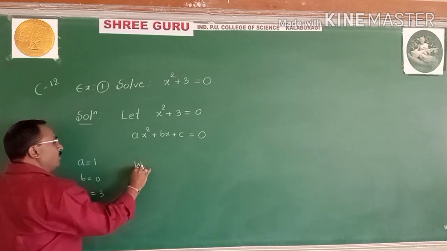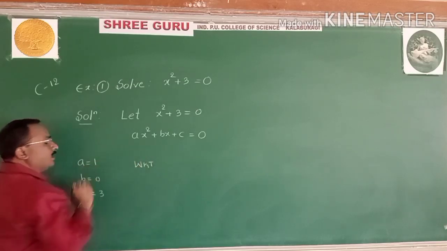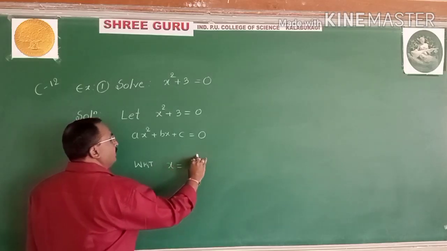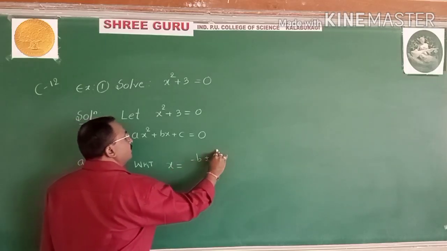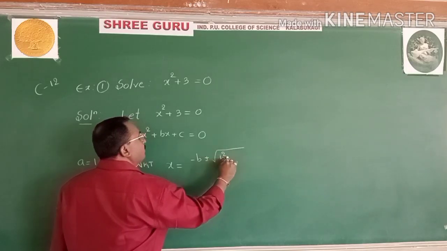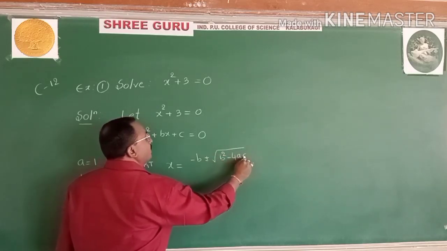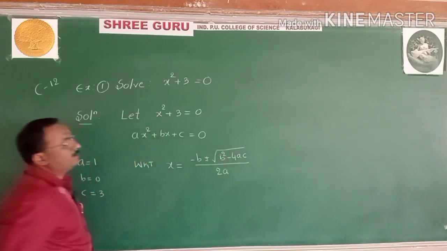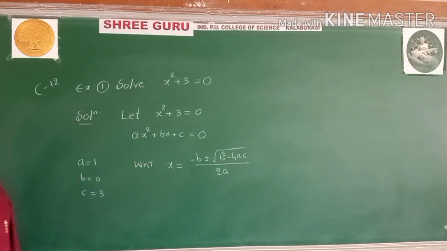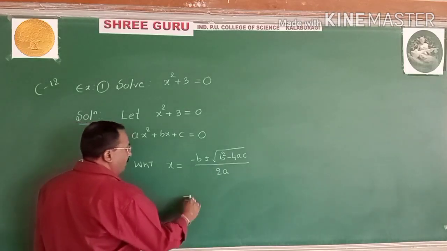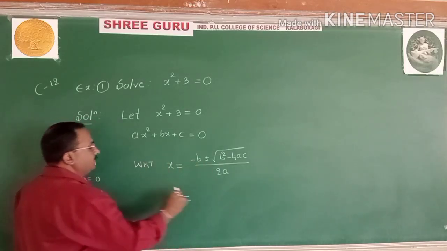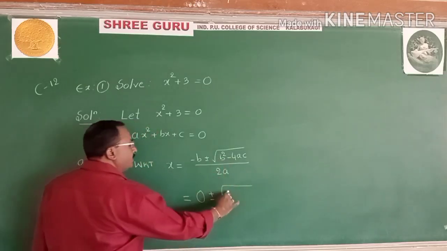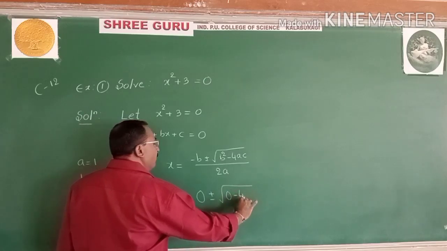We know that if we apply the formula, x is equal to minus b plus or minus square root of b square minus 4ac divided by 2a. This is applying the formula. B value is 0. Here 0 plus or minus square root of b square 0 minus 4.